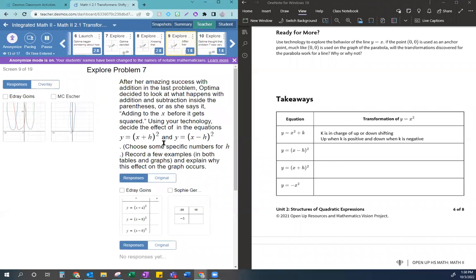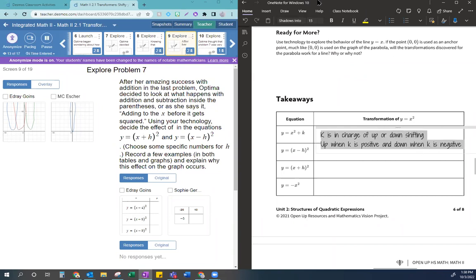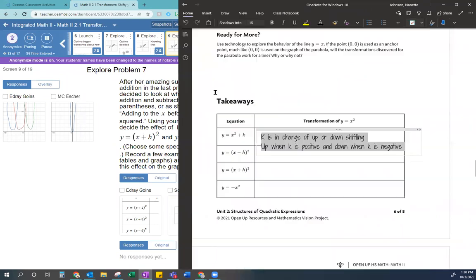Okay, so slide 9 was H. Oh, do you guys remember what H was in charge of? Anybody remember what H is in charge of? What's H in charge of? Ooh, somewhere else already put it. Very good. Sorry, I need to make this bigger. Move this over a little.